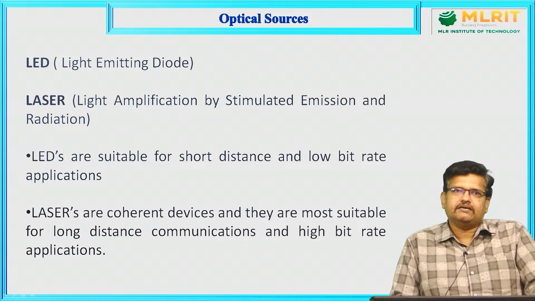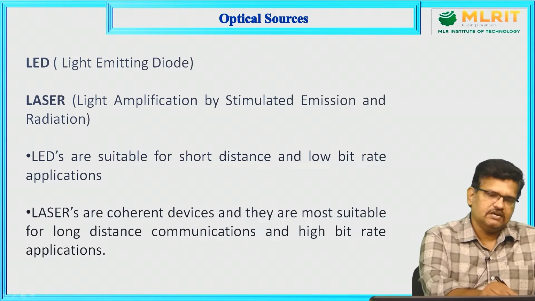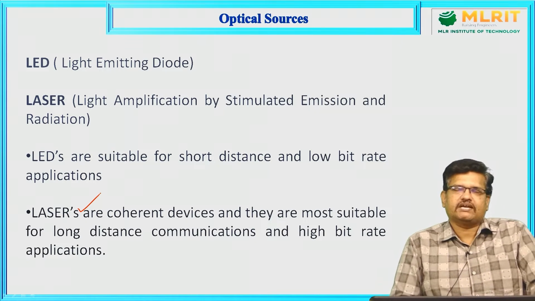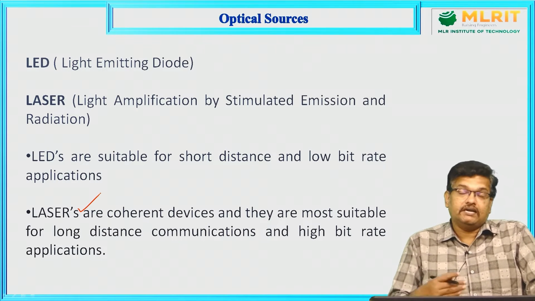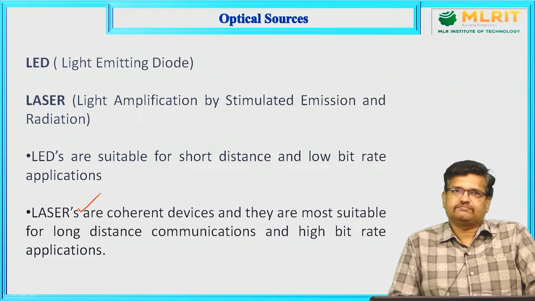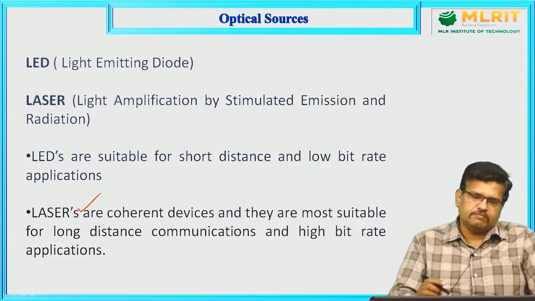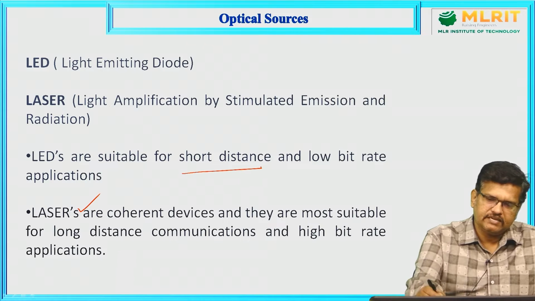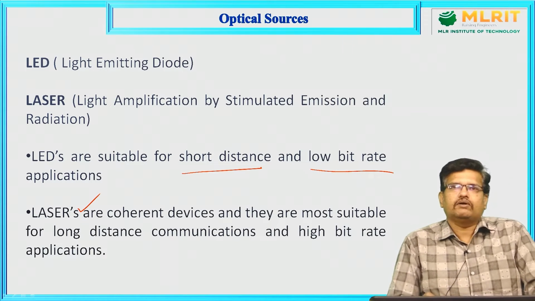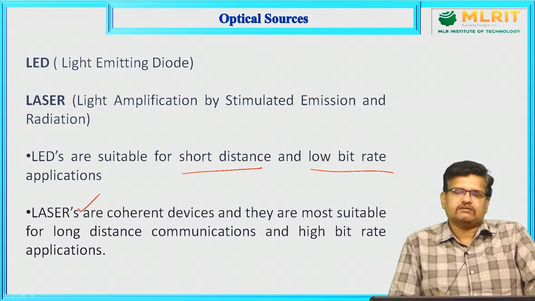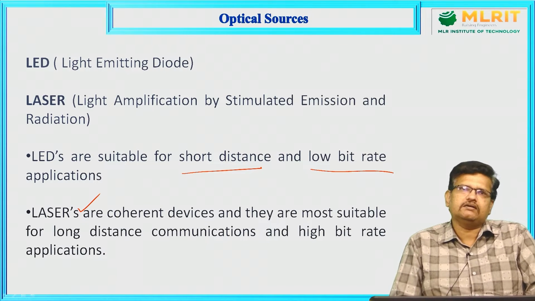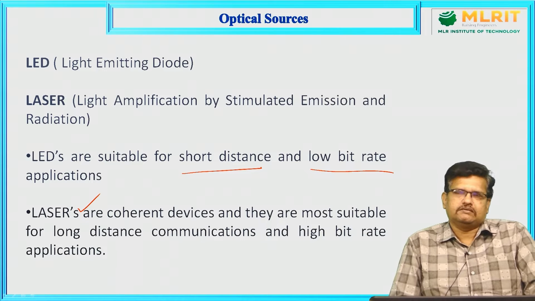So generally for long distance communication system, we can use laser sources rather than LED, but LED is also efficient to transfer the information from one place to another place, but only for short distance and lower bit rate. So, based on the applications, we may use either LED or laser as an optical source.